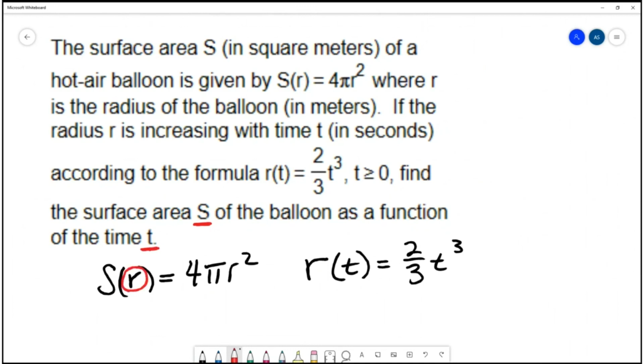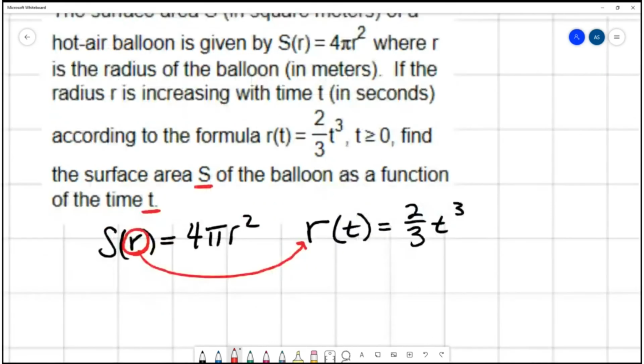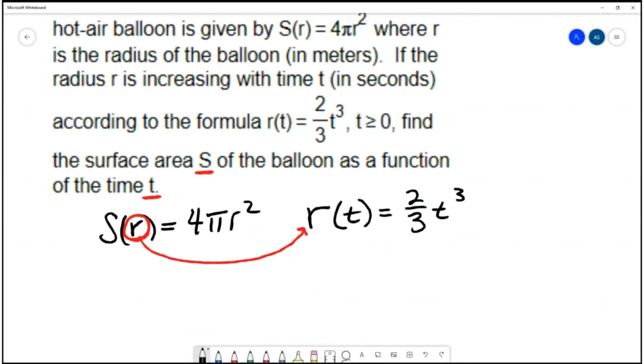Now, since our inside variable for surface area is radius, we're going to be able to use composition to build this. So we're going to substitute our radius function inside of the surface area function, and that would give 4 pi times 2/3 t cubed, squared.